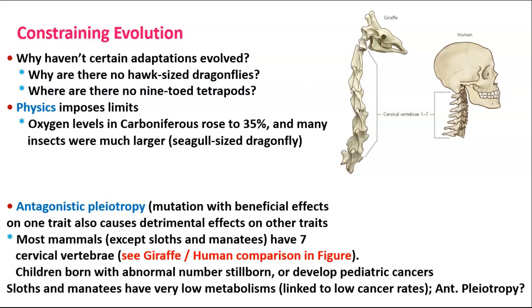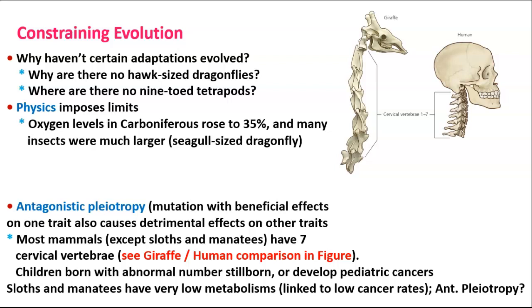High metabolism, which is adaptive. We can be active all the time. But with antagonistic pleiotropy going on here, there's something happening with an increase or a change in the number of cervical vertebrae that genetically gives rise to such developmental abnormalities such as pediatric cancers.